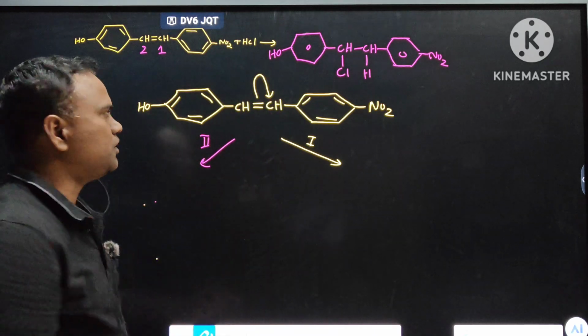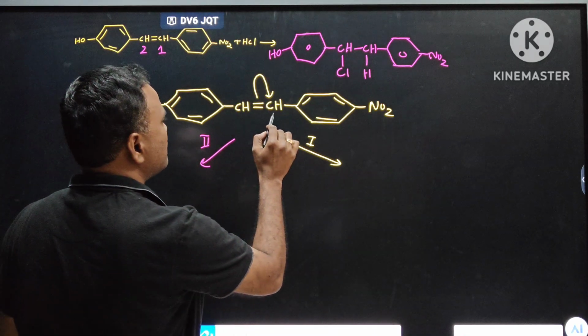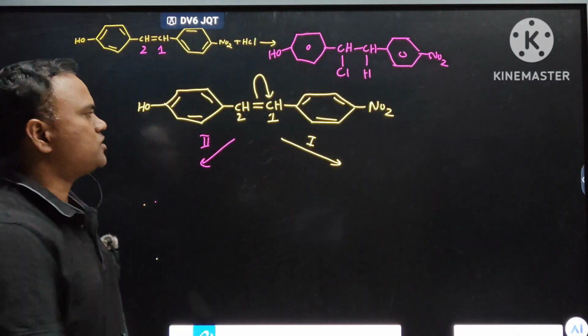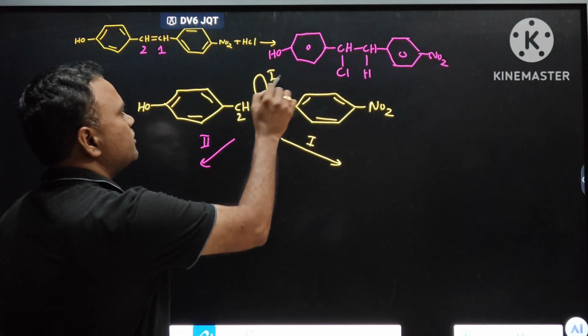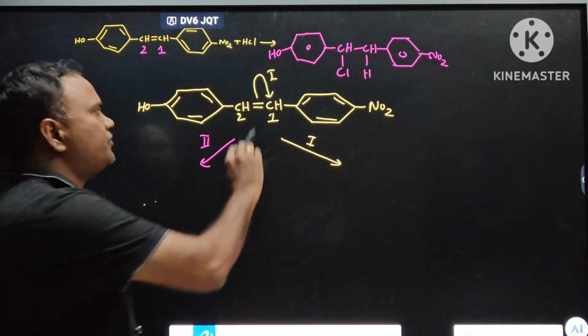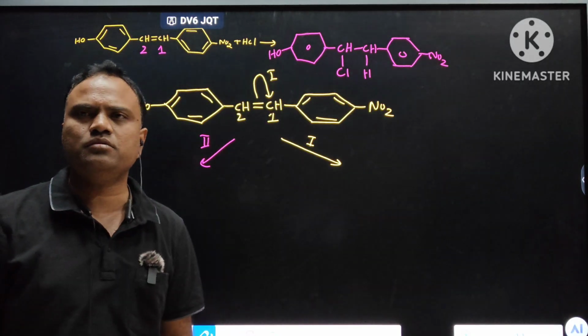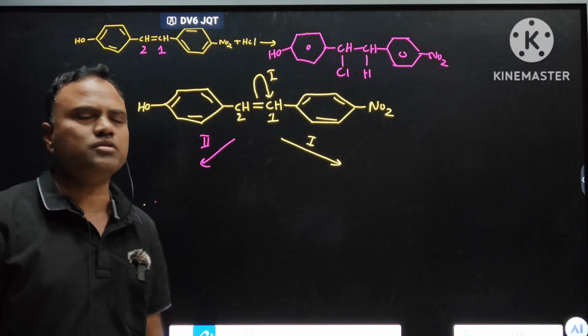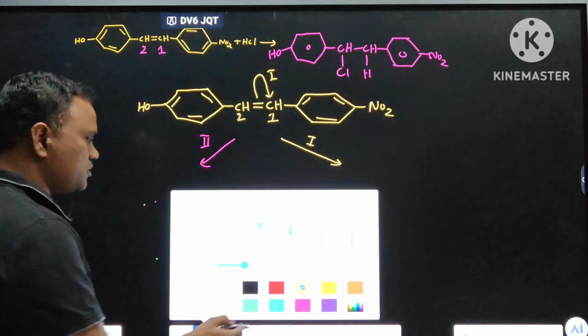Okay. Then, just to get the concept easily, give the numbering. In the first path, this is Roman number 1. We are shifting the pi bond towards which carbon? First carbon. Then what charge does the first carbon get, positive or negative?